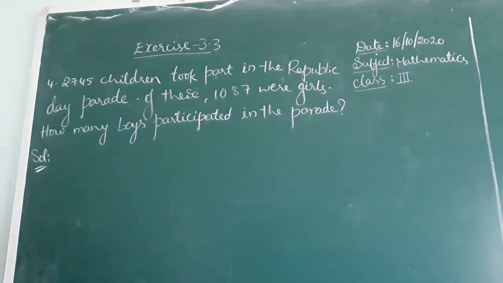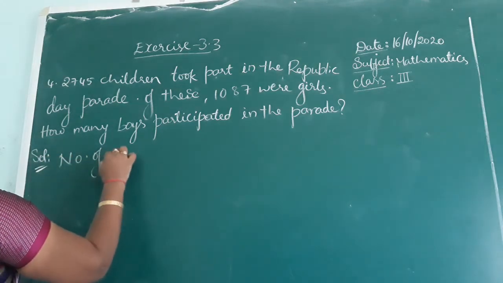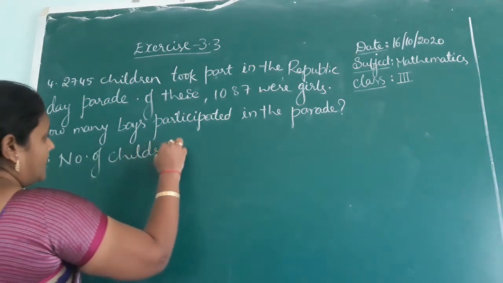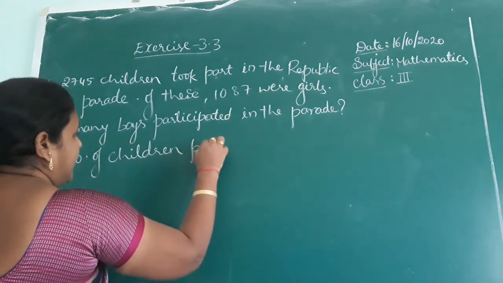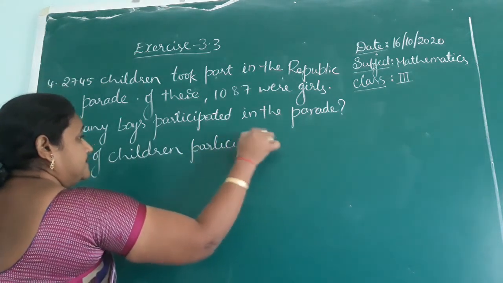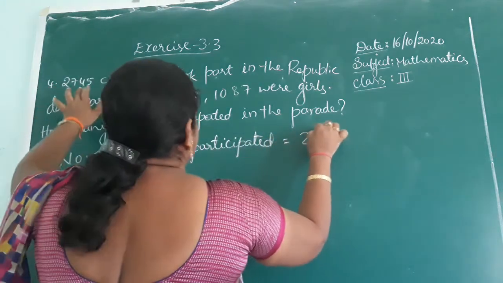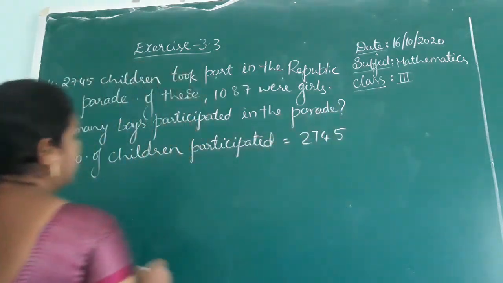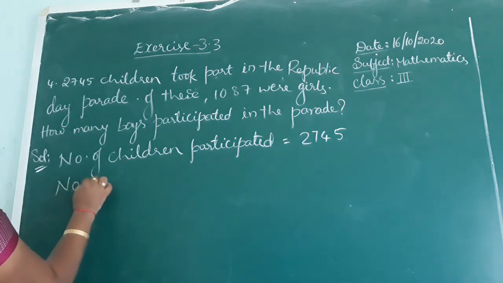Here, how many children participated in the Republic Day parade? 2745. So that is the number of children participated. In that, the number of girls was given.